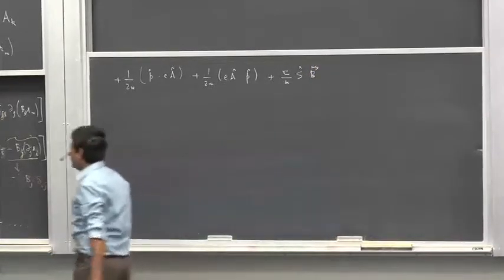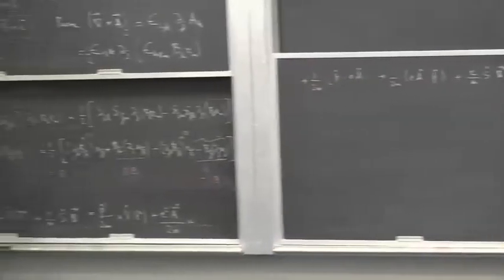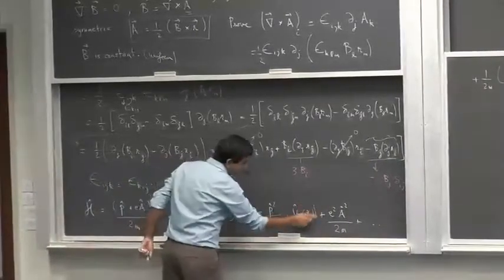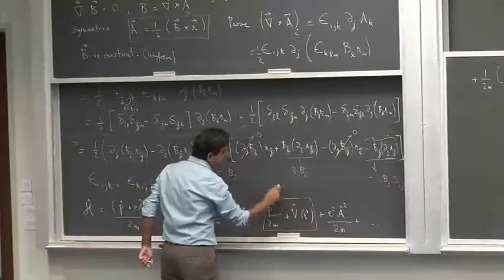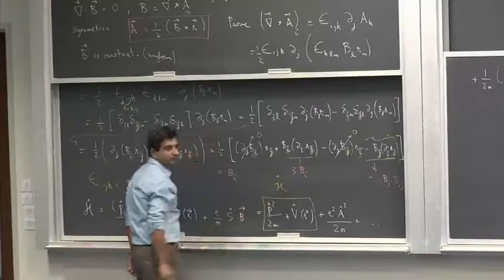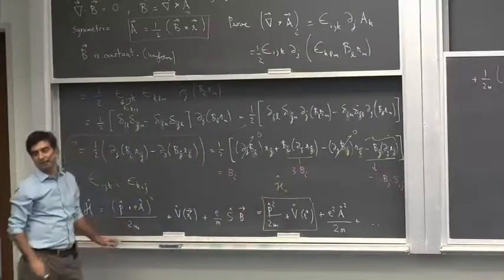Now these terms over here, if a magnetic field were not imposed, this is the native Hamiltonian. Let's call this H naught. This is the Hamiltonian in the absence of a magnetic field.